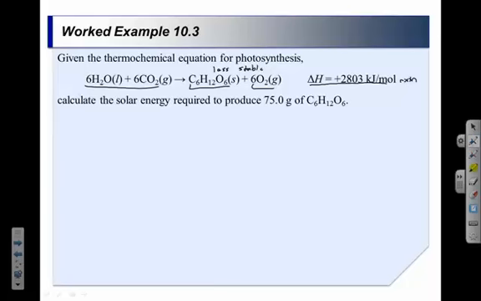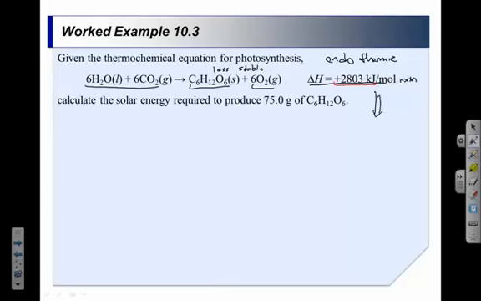So in order for plants to do that, it's an endothermic reaction. They need energy to put in to do that. And they get that energy from the sun. If you measure the quantity, it comes out to be this quantity per mole of photosynthesis reaction. So that's a relationship.